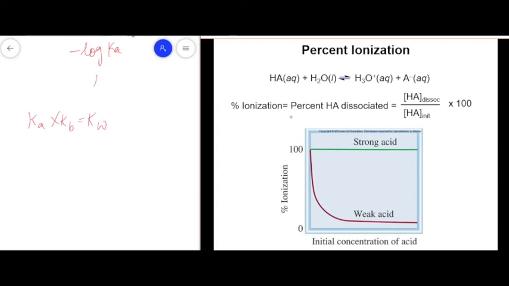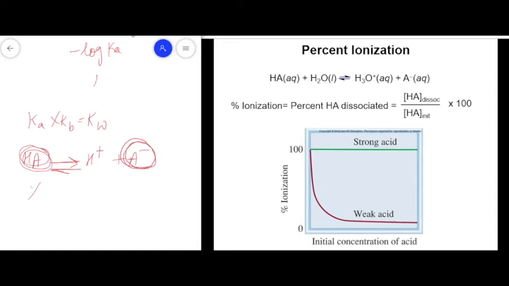When we say percent ionization of an acid, our acid is HA, and it's going to dissociate to produce H plus and A minus. H plus, we can also write as H3O plus, same thing. If this is the dissociation of our acid, we know it's in equilibrium, so not all of the acid is dissociating. This is the amount of acid that has dissociated, and this is the amount of acid that we began with.